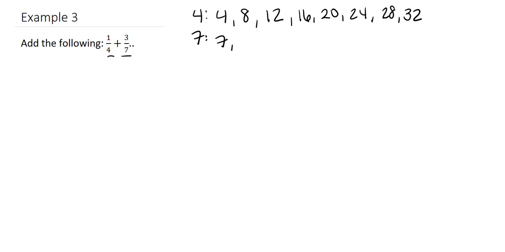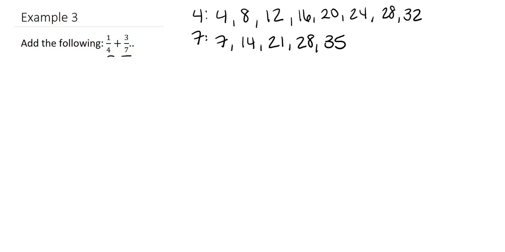Now 7. We have 7 plus 7, which is 14, plus 7, which is 21, plus 7, which is 28, plus 7, which is 35. Now remember, we can always do the multiplication for each one where you just increase the integer by 1 and multiply it by the number, like 7 times 1, 7 times 2, which would give us all these numbers.